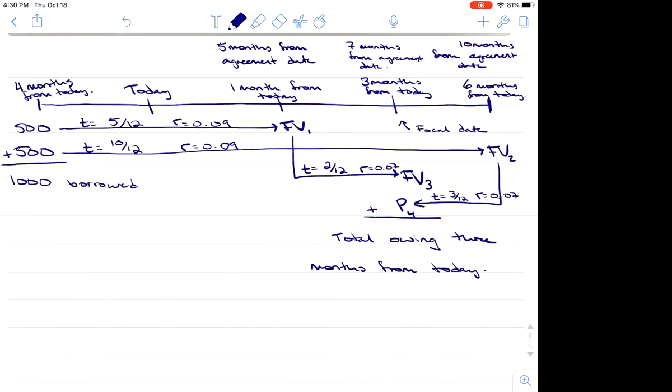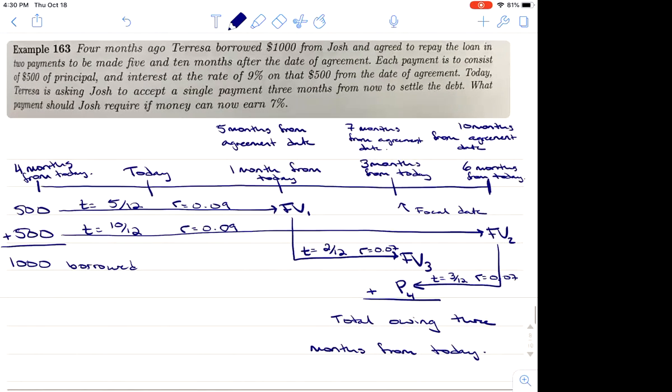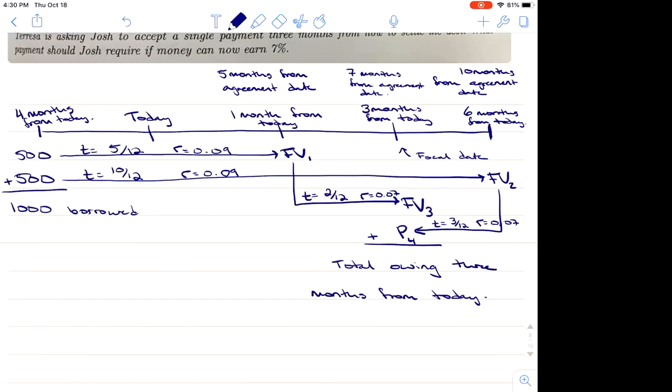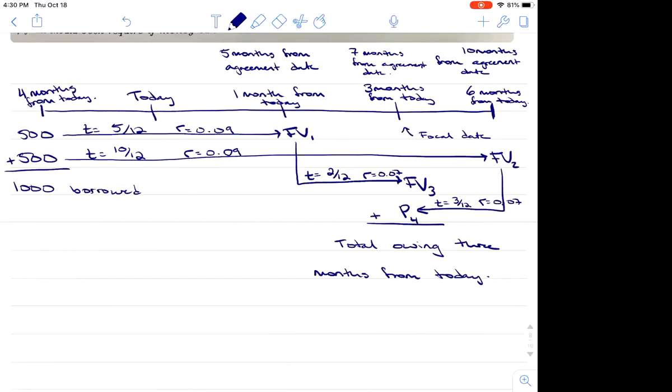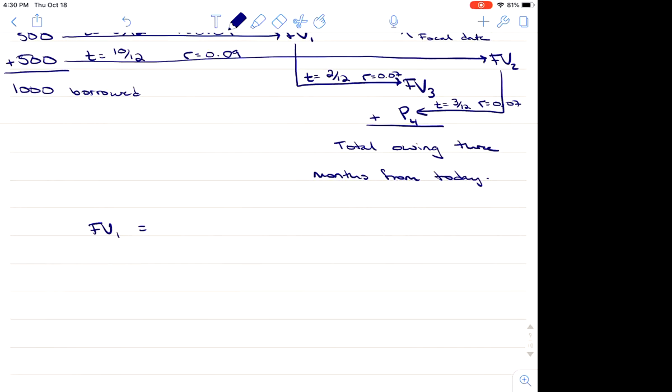Now we've boiled down this huge question to a timeline, and it is a thing of beauty. Okay, so now we just get to work. We have to find future value 1, which is P times 1 plus RT.